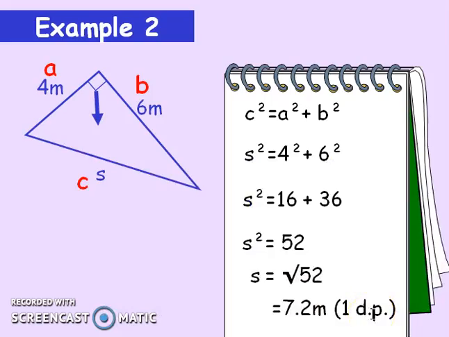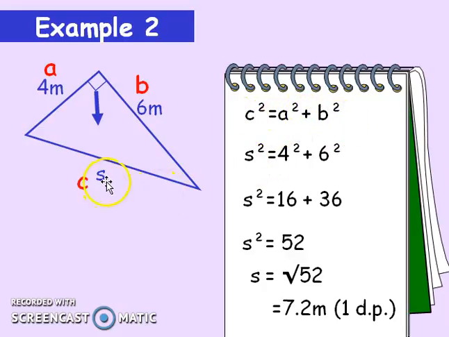Okay, we'll go to the next example. This example also wants to find the hypotenuse, but the position is slightly different because the hypotenuse is at the lower side. You can recognize this one is the hypotenuse, this one is adjacent, and this one is opposite. Just plug into the formula C squared equals A squared plus B squared.